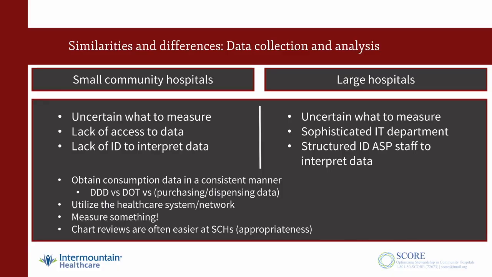That being said, chart reviews to assess antibiotic appropriateness are often easier at small community hospitals due to the few number of patients, and appropriateness measures can be obtained on an ongoing basis to assess antibiotic prescribing in small hospitals. In the end, however, it is essential that all stewardship programs measure something and do it in a consistent and sustainable manner.